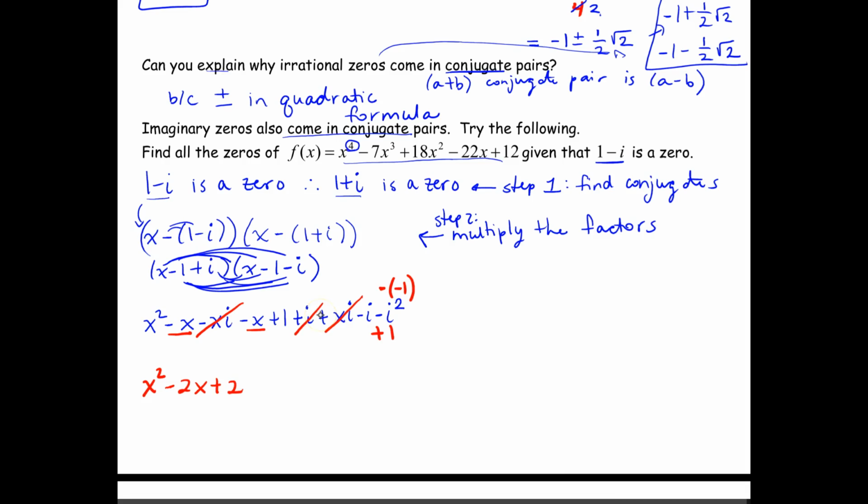And then the i and the negative i cancels, right? So right now, if you took its 0 values and multiplied them out, we have one of the factors. Now, Lydia said then use long division. So now what should we do using long division?